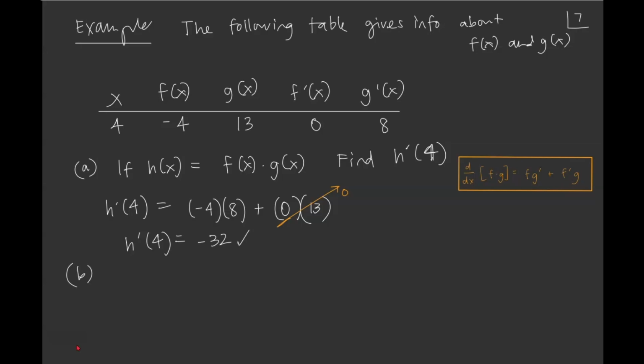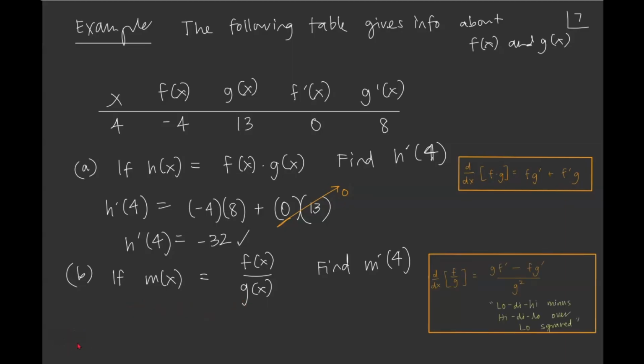Okay, then say that they asked us, if m of x equals f of x over g of x, find m prime of 4. And definitely we're thinking the quotient rule here, so first of all, let's remember what the quotient rule is. We're going to pretty much just remember this: low d high minus high d low over low squared, and we'll use that here.